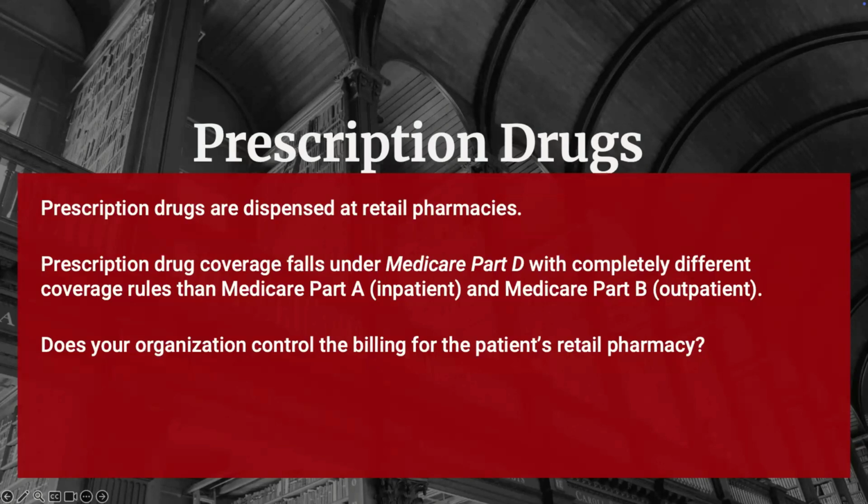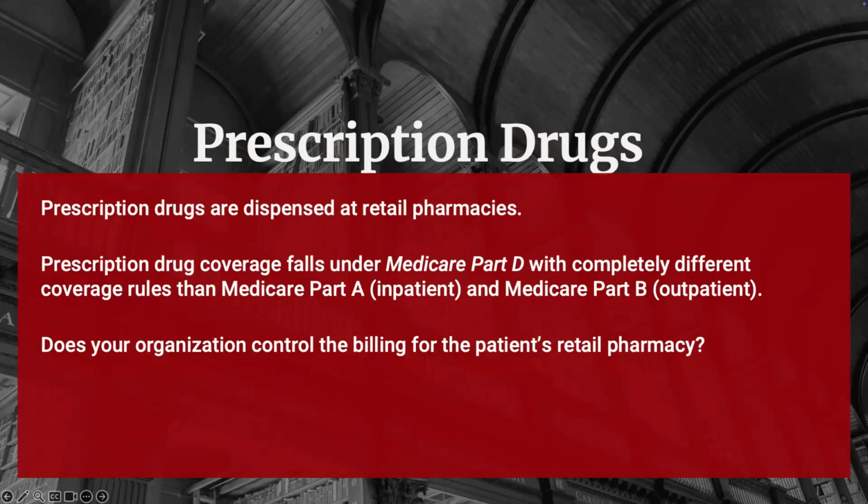Even though this one is wired into the protocol, there's a question of, does it need to be on your coverage analysis? You don't have control over this because the activity and the billing is occurring by retail pharmacies. Most hospitals don't own or manage or are responsible for retail pharmacies.